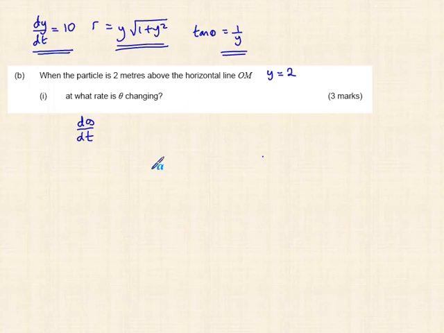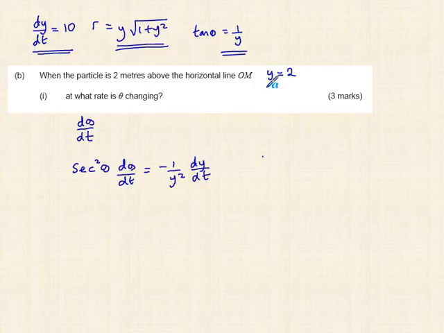If we differentiate, then we get sec squared theta d theta/dt is equal to y to the negative 1 differentiates to negative 1 over y squared dy/dt, because we differentiated both sides with respect to t.